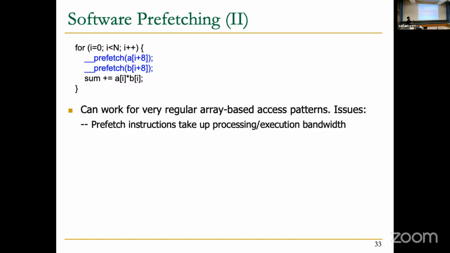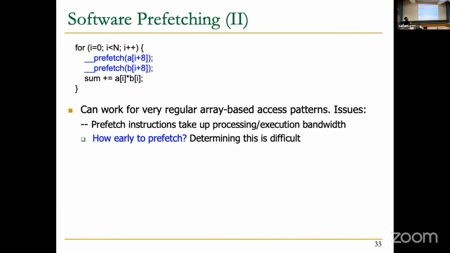But the downsides are that they are instructions, right? Instructions flowing through the out-of-order processor pipeline, so they take up processing and execution bandwidth, and it's also not that easy to determine how early you want to prefetch. For example, I'm adding +8 as a prefetch distance here, but why +8? Why not +16?